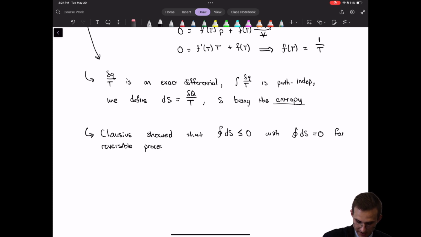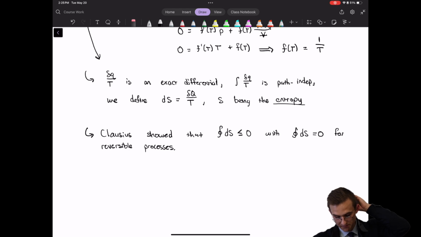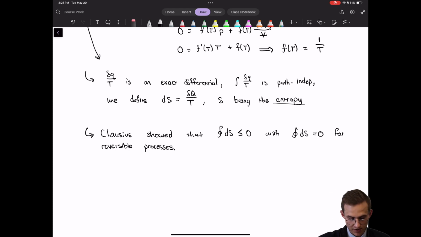So after he came up with this definition for dS, he then proceeded to show that this was the case, and that as a result, a direct result or a corollary of the second law as stated before.